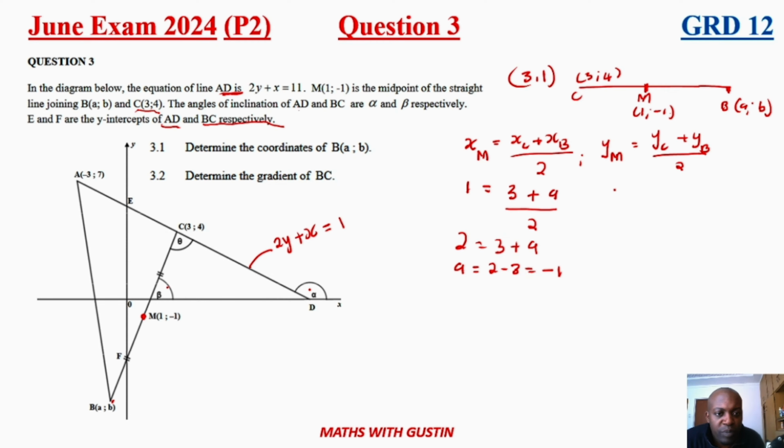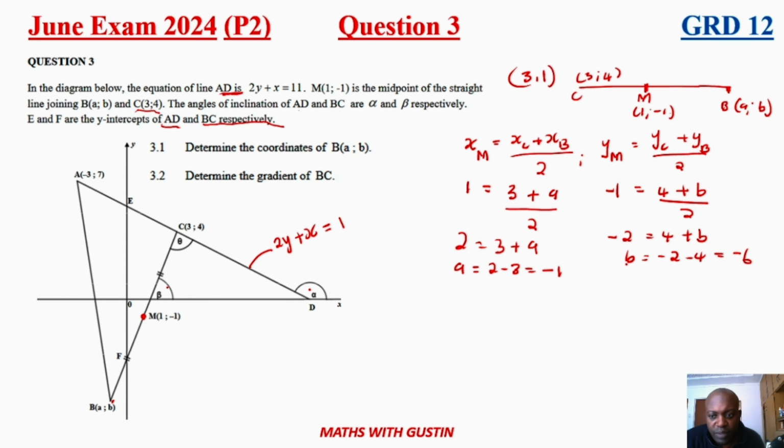The y value at the midpoint is negative 1, which equals y at C, which is 4, plus y at B, which is B, all over 2. So cross multiply here: 2 times negative 1 gives us negative 2, which equals 4 plus B. Take 4 to the other side, therefore B equals negative 2 minus 4, which gives us the value of negative 6.